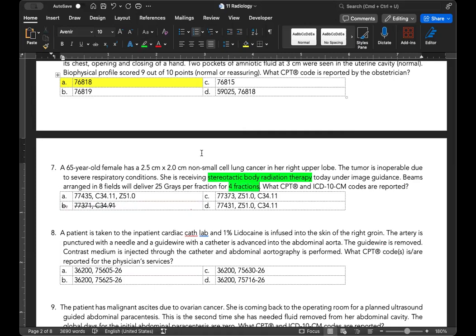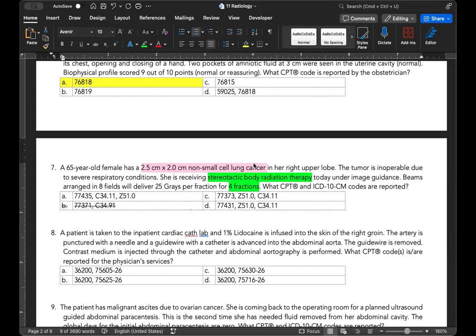Does everybody know what a fraction is? Your fraction is going to be your treatment. So how many times they actually deliver that radiation therapy into the body, how many sessions or treatments they have. Okay. So it's one or more lesions. We only have a single lesion, right? Because we only have a 2.5 centimeter by 2 centimeter non-small cell lung cancer.